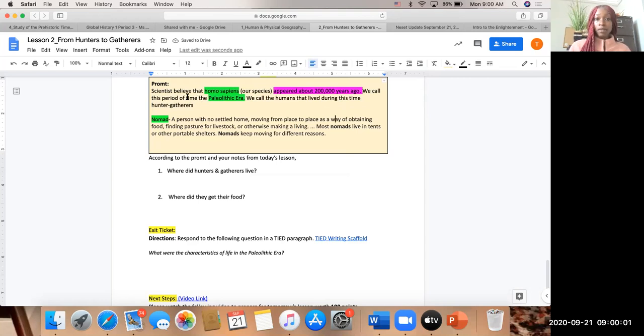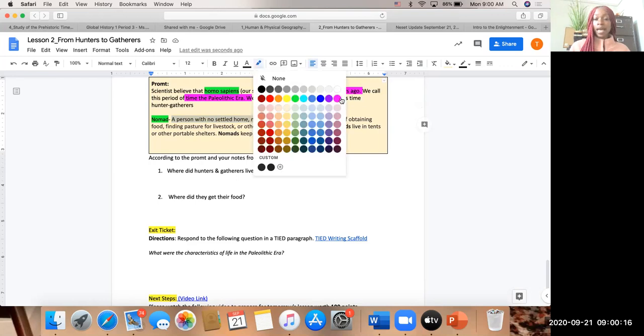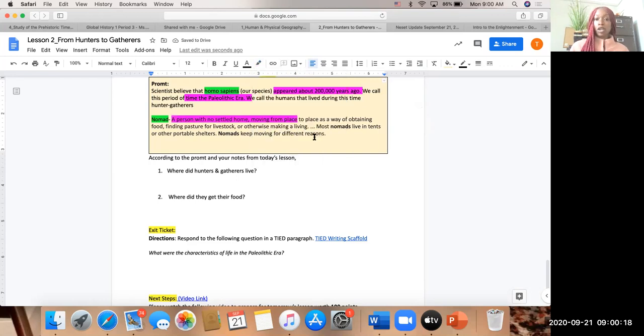The Paleolithic era is highlighted as well, but I'm going to remind myself that they arrived 200,000 years ago, and that was the time they lived during that era. The nomad is highlighted because it's our keyword, but I'm going to highlight this part so I can remember that is the definition of a nomad, a person with no settled home.